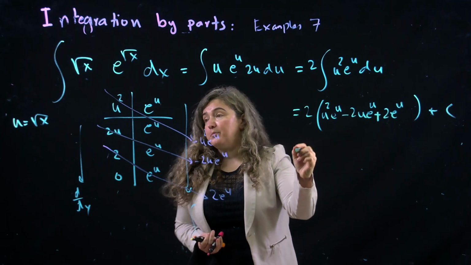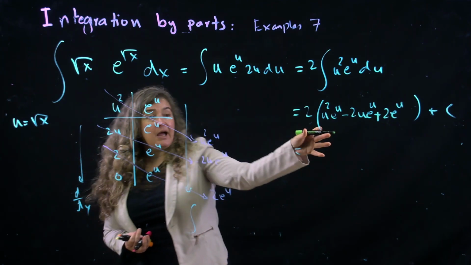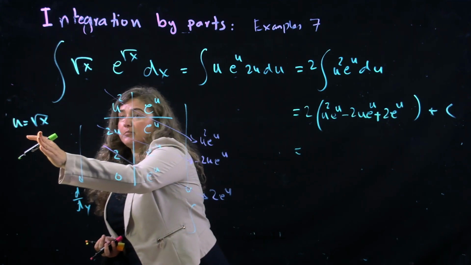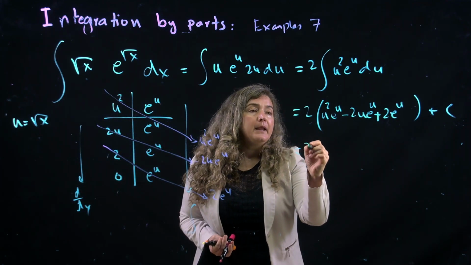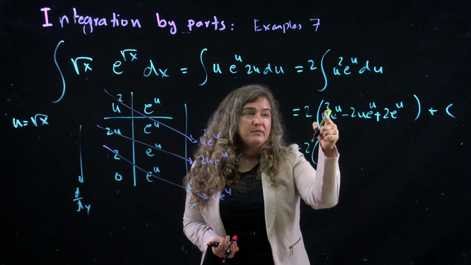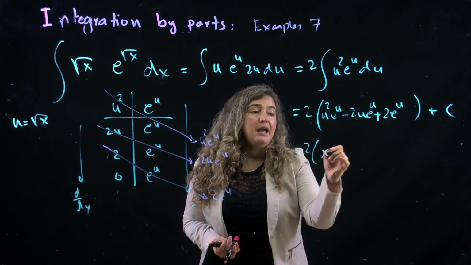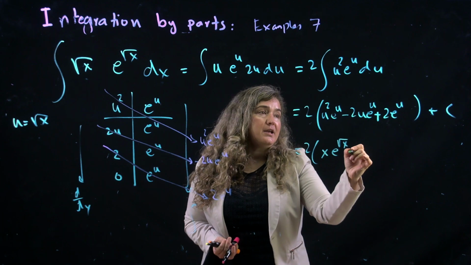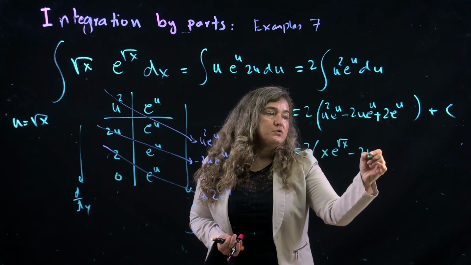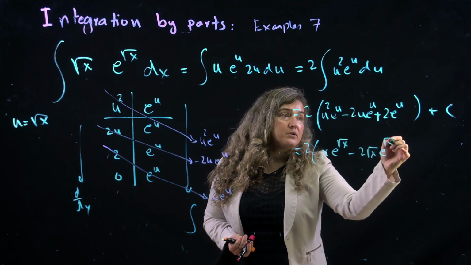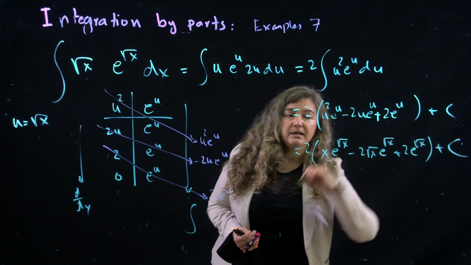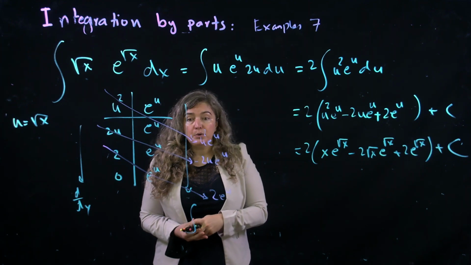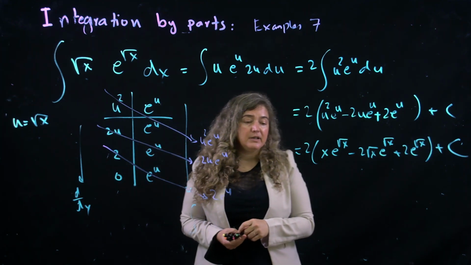And then this is the part where you replace, because the antiderivative is gone. Now I can replace the square root of x for u. And so I get square root of x to the power 2, which is just x, e to the power square root of x, minus 2 square root of x e to the power square root of x, plus 2 e to the power square root of x, plus c. And that's how we do the antiderivative.